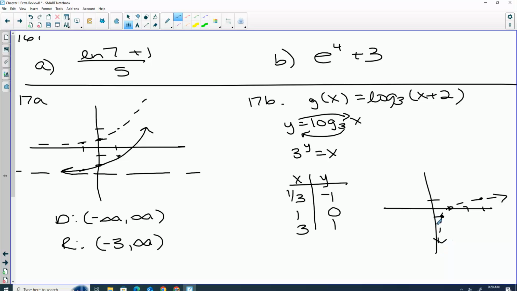This one has a vertical asymptote. What will my +2 do to this? Since at a vertical asymptote, moving to the left moves that asymptote, and then we just slide each point over 2. What's our domain?